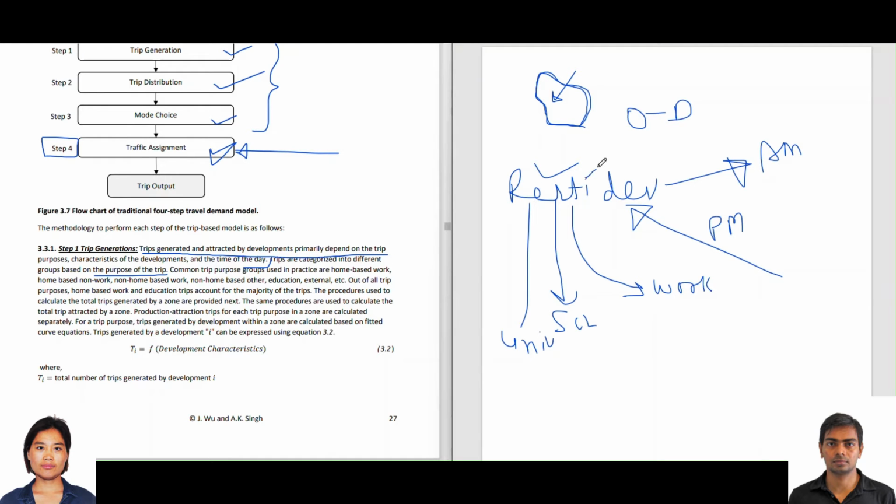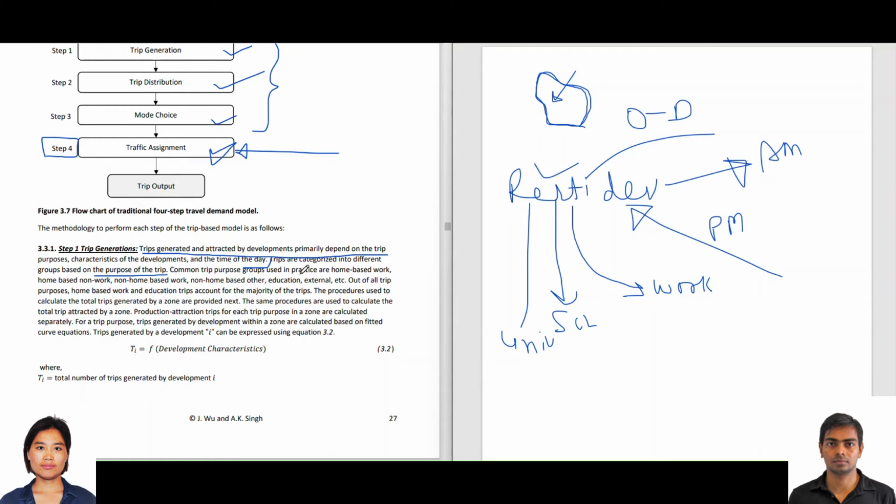Some people are going to a transit station, some people are going to work at the airport. So the trips generated from the developments can have different trip purposes. When we are trying to forecast the number of trips generated, we forecast the number of trips generated for each different trip purpose, because each trip purpose has its own characteristics.